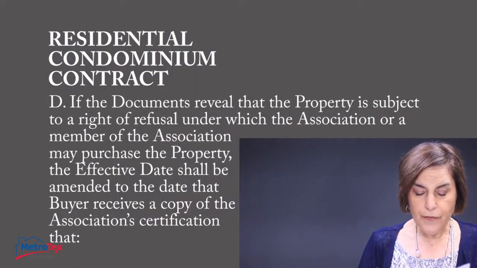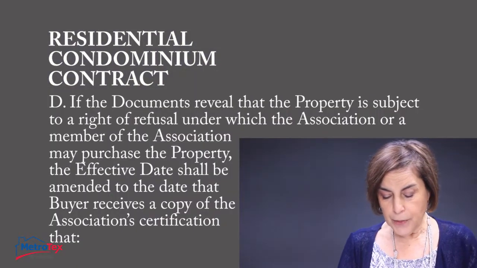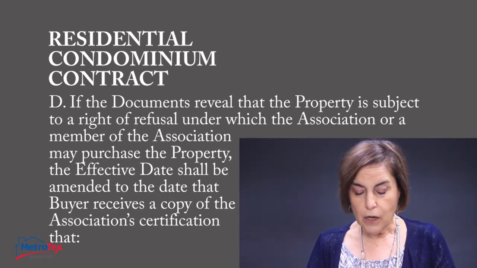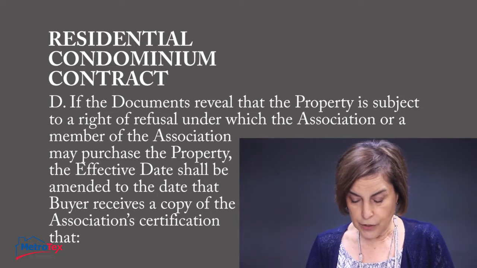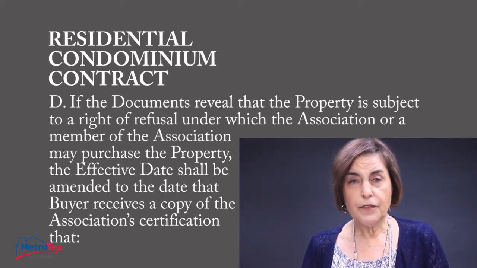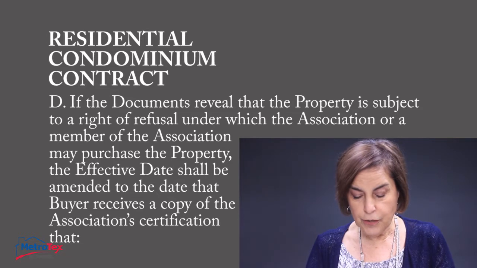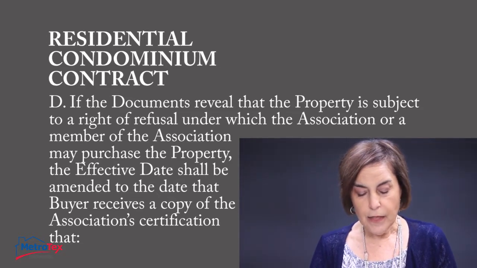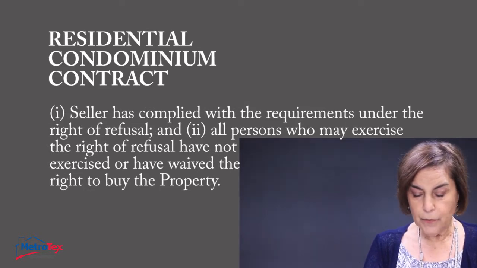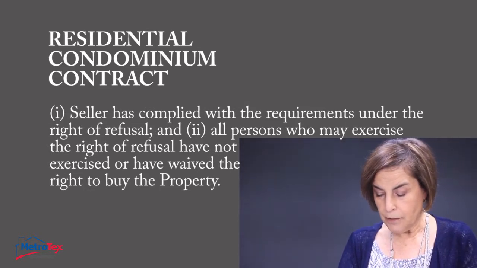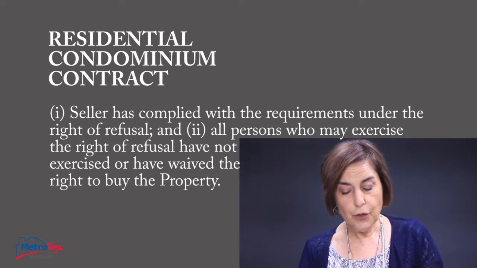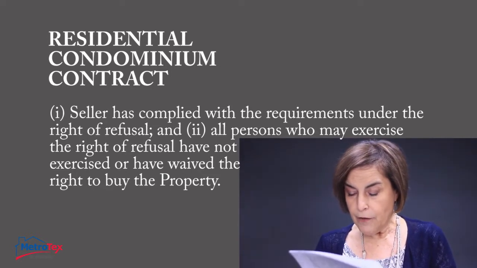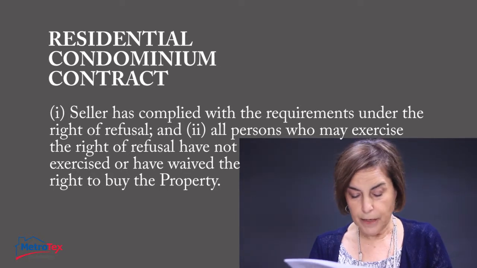2D, if the documents reveal that the property is subject to a right of refusal under which the association or a member of the association may purchase the property, the effective date shall be amended to the date that the buyer receives a copy of the association certificate that 1, the seller has complied with the requirements under the right of refusal, and 2, all persons who may exercise the right of refusal have not exercised or have waived the right to buy the property.